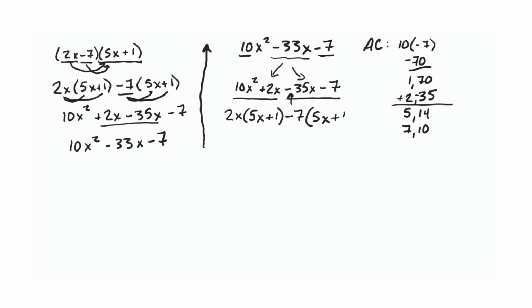That is 1. Now notice that my 2 parentheses are exactly the same, so I can factor out that parenthesis. And when I factor out that parenthesis, I get 5x plus 1 times the quantity 2x minus 7. So notice we just did the exact opposite of this, but in reverse.